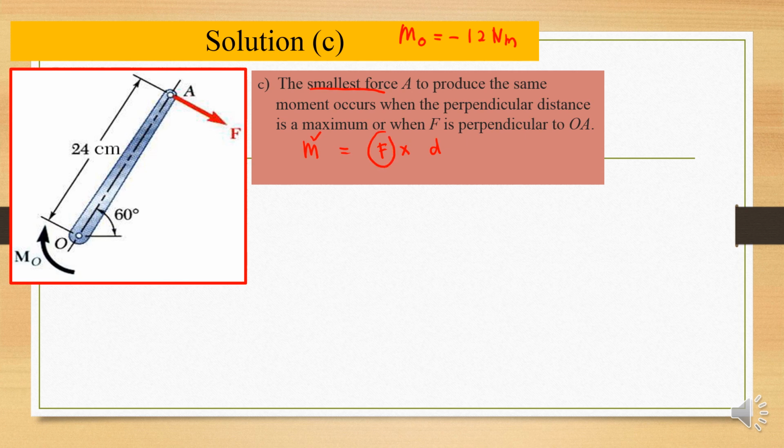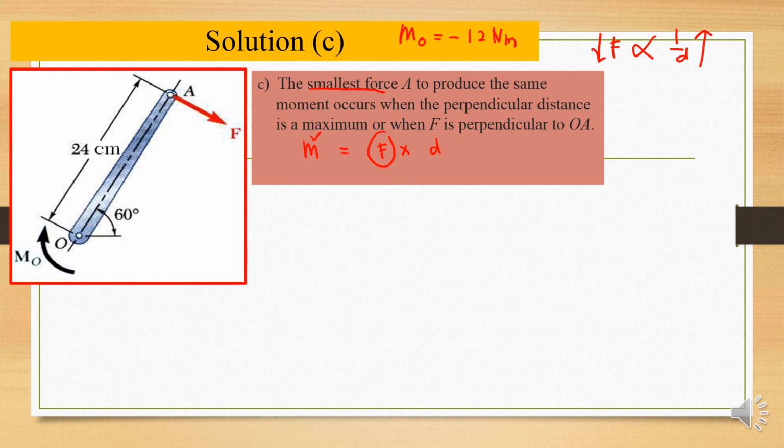From this equation we can make a correlation between F and D. If we bring D to the other side, F will be inversely proportional to D. So if we want F to be minimum, D should be maximum.